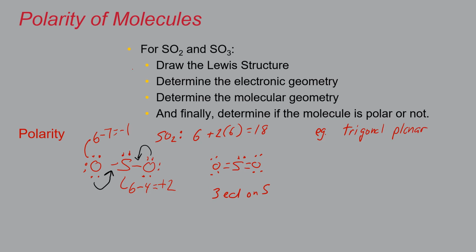It's going to look something like that, with the electrons up here. And so the molecular geometry, you would call this shape, is bent.